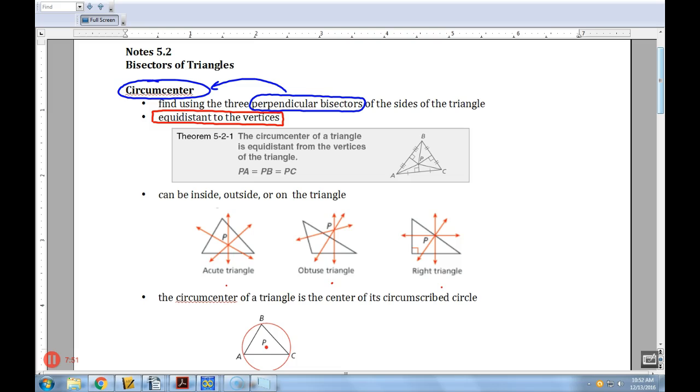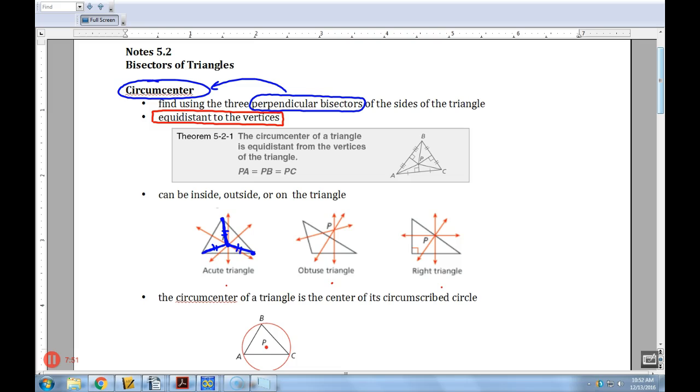So when I have 3 perpendicular bisectors and they meet, here's what's special about it. The distance from this meeting point, called the circumcenter, the distance from that point to every vertice, so this distance, to this distance, to this distance, they are all going to be the exact same distance from every single point.